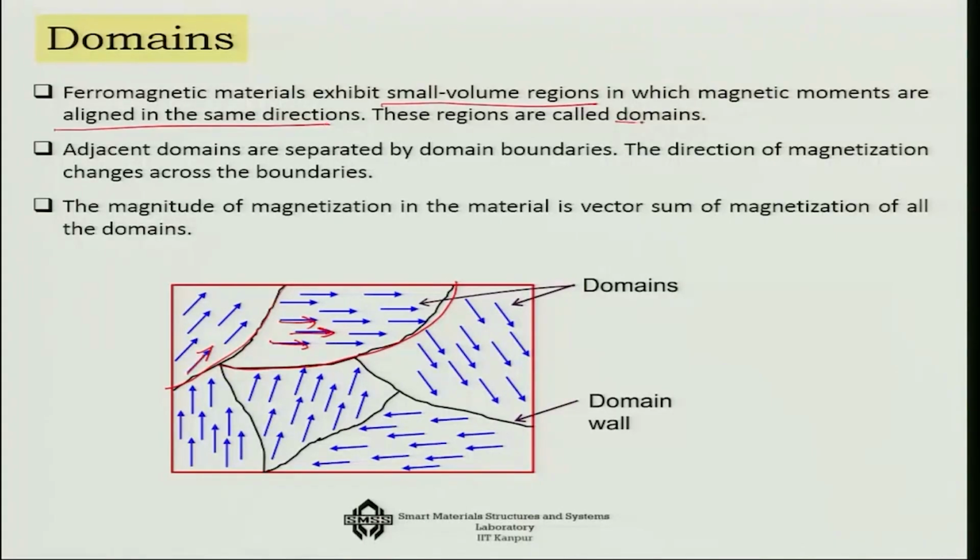These regions are called domains. Adjacent domains are separated by domain boundaries. The direction of magnetization changes across the boundaries. The magnetization of the material is then the vector sum of the magnetization of all these domains. Once you integrate across the domains, you get the net magnitude of magnetization in the material.